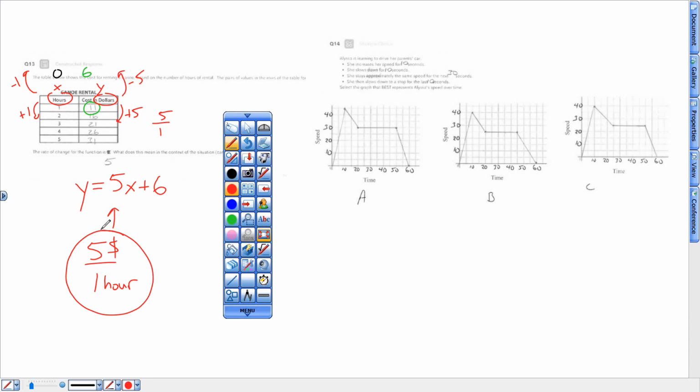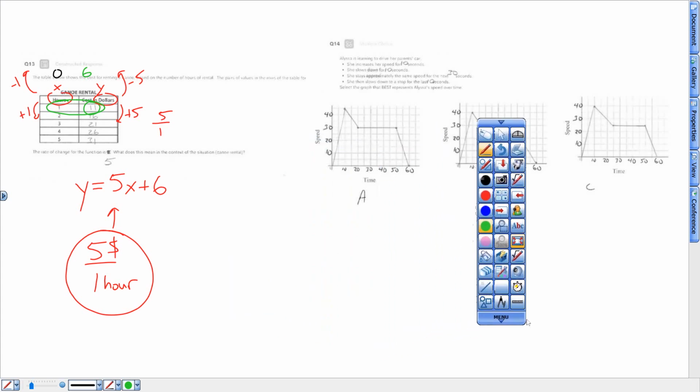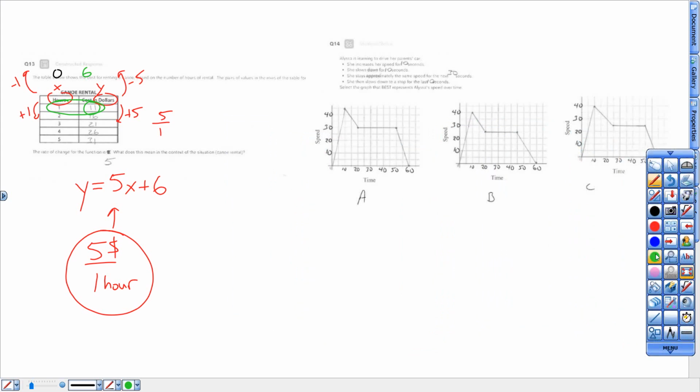So you can see that 11 is kind of misleading, because some people think that's $11 per 1 hour. But you can see at 0, it was $6 already, just adding 5 each time. So that's $5 per hour.